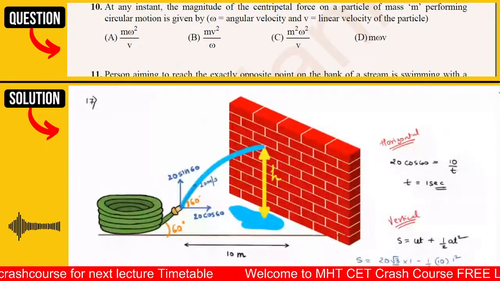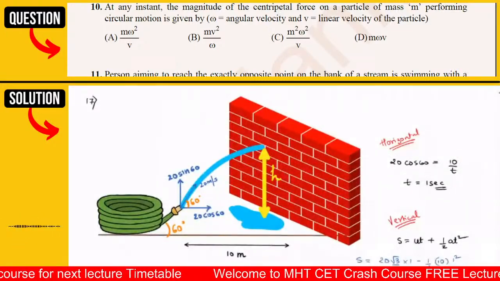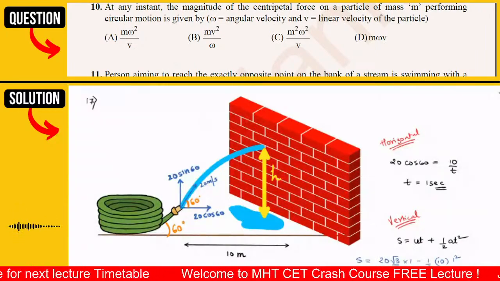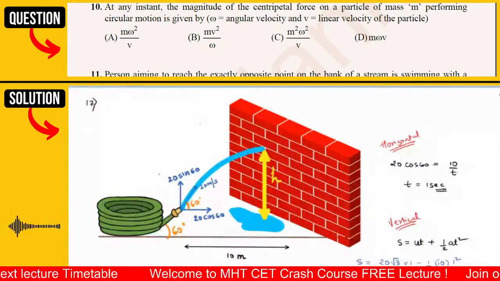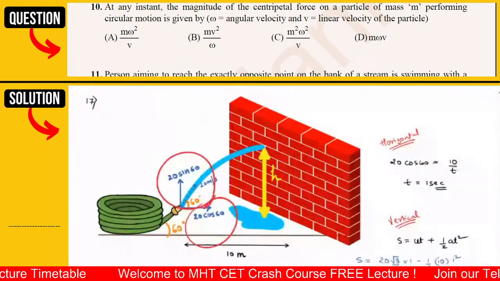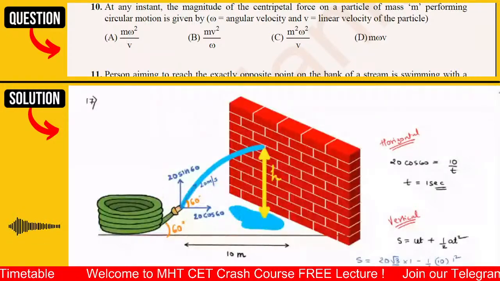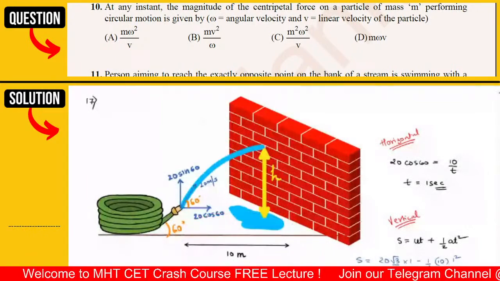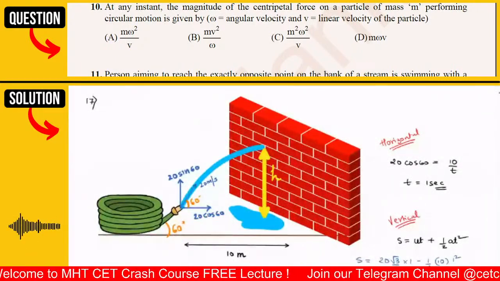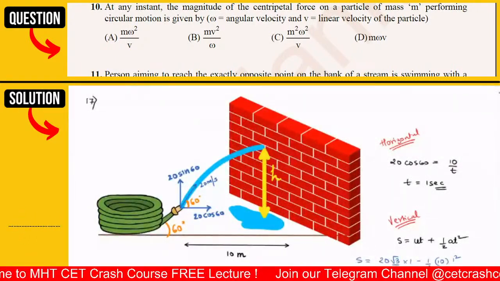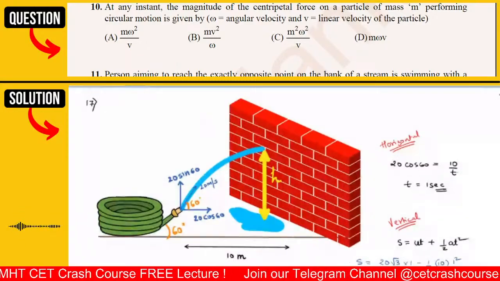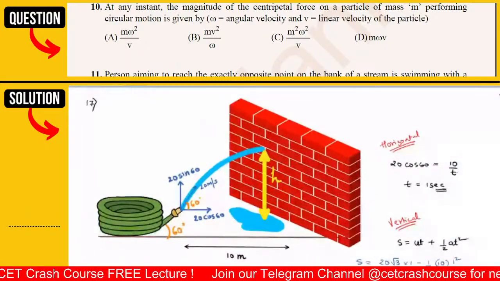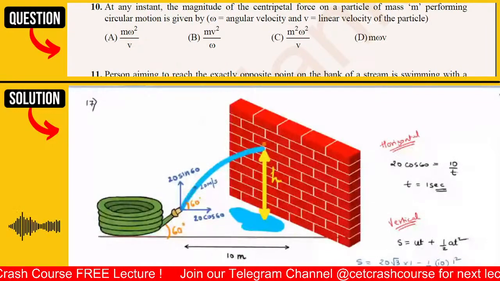So of course, we can resolve it into two components, 20 cos 60 and 20 sin 60. The wall is placed at a distance of 10 meters. And we have to calculate the vertical height h.